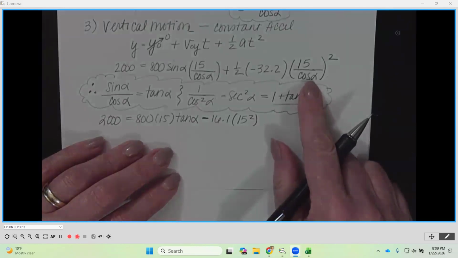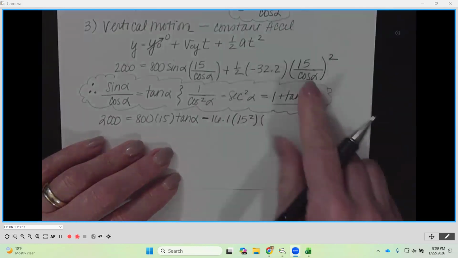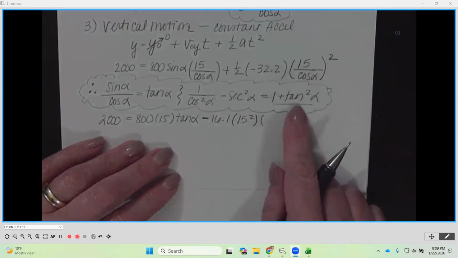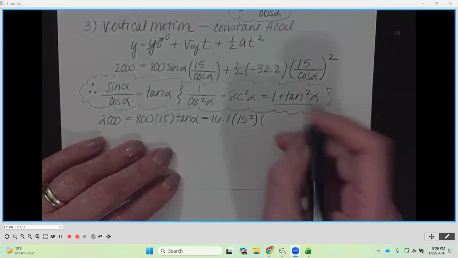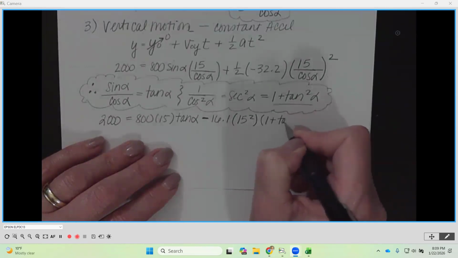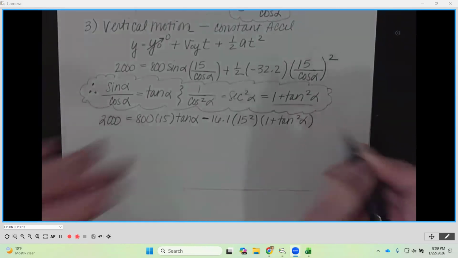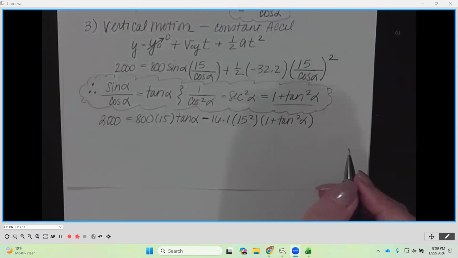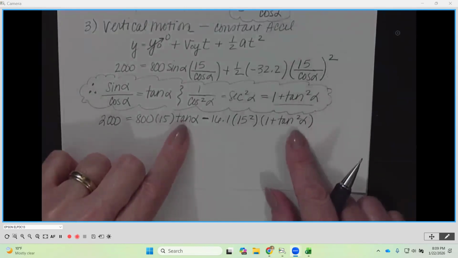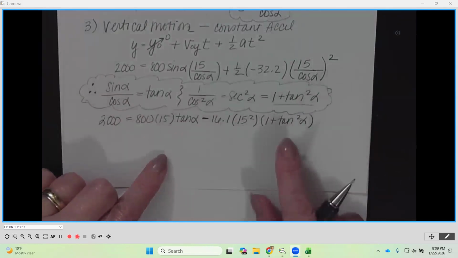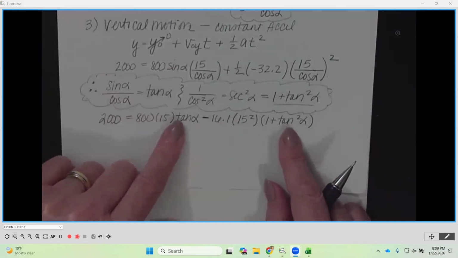And then we know that under the radical here, we're going to multiply that by 1 plus tan squared alpha. Now, the reason we wanted to do that is that instead of having sines and cosines, we've got only tangents. So that's a good thing.